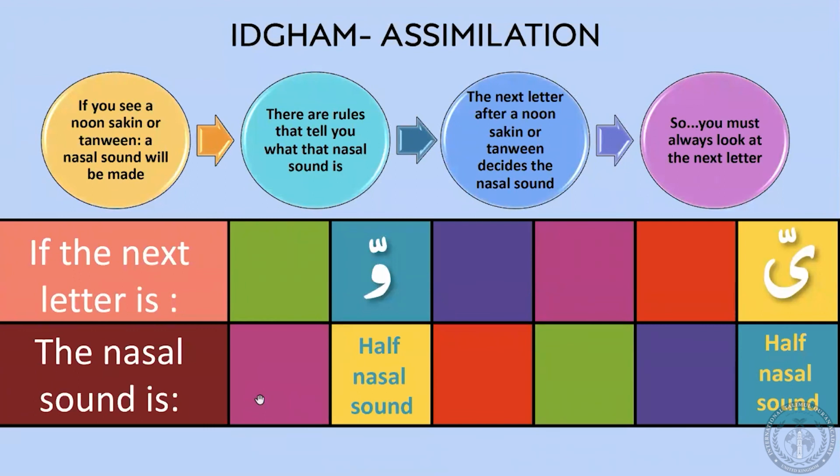And if the next letter is waw mushaddad or ya mushaddad, then we will make a half nasal sound once we recite it. So that is the rule for if you see a waw mushaddad or ya mushaddad after noon sakin or tanween. I hope you've all understood that, and inshallah we will carry on with this rule in a future class.